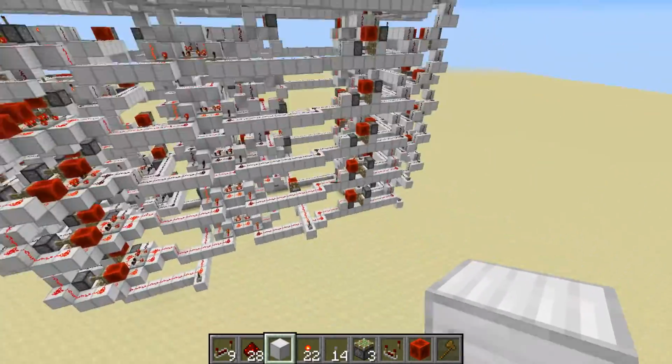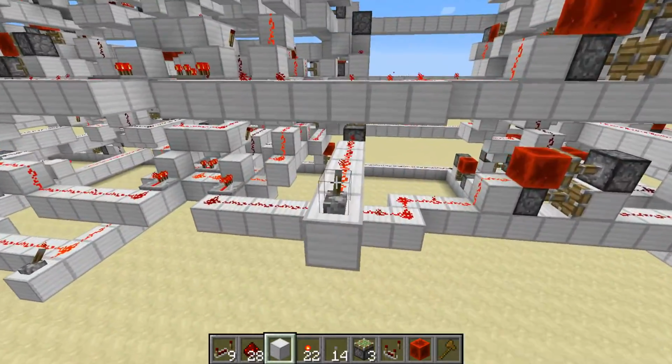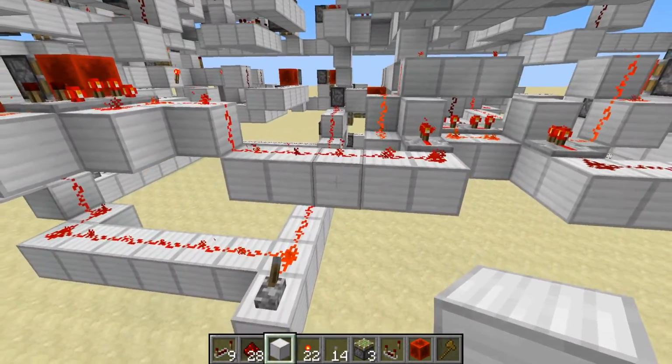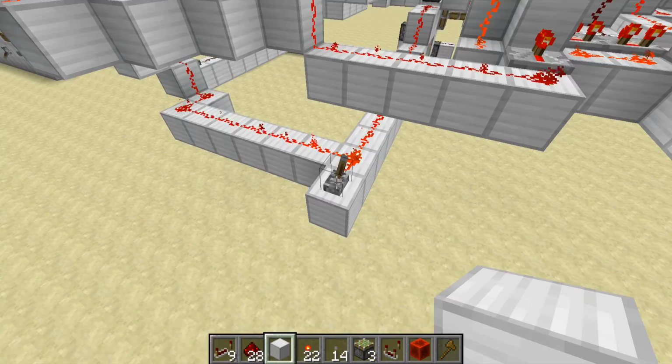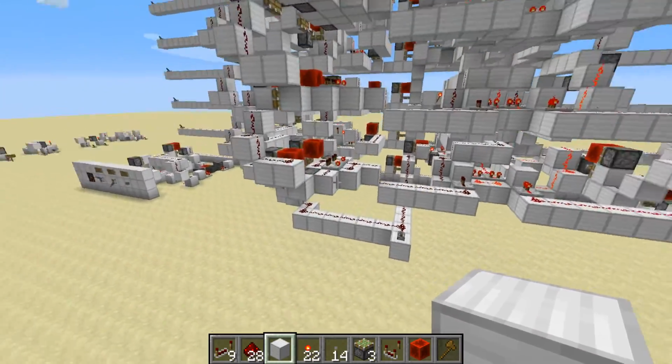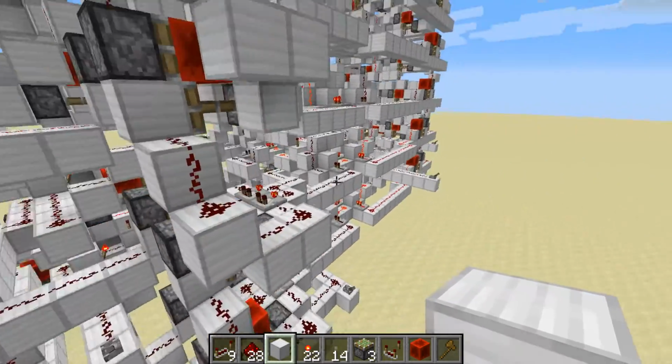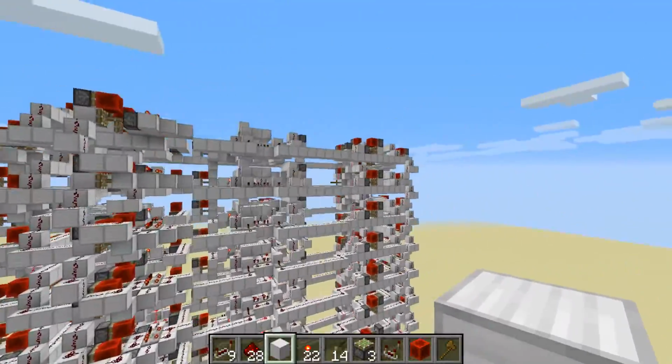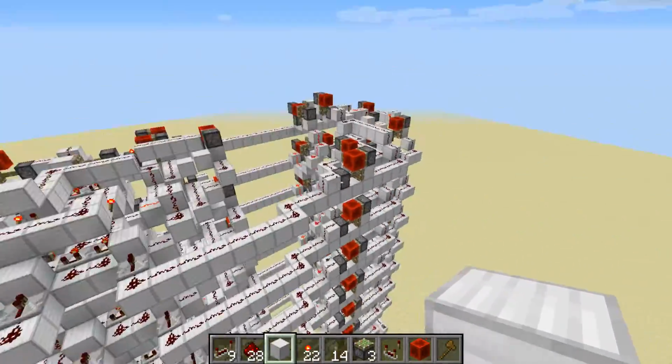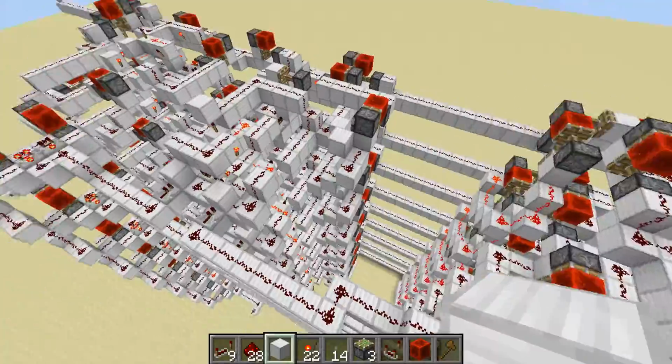That'll be something I can look into. But anyways, that's the show off of the arithmetic logic unit and the 2 registers.